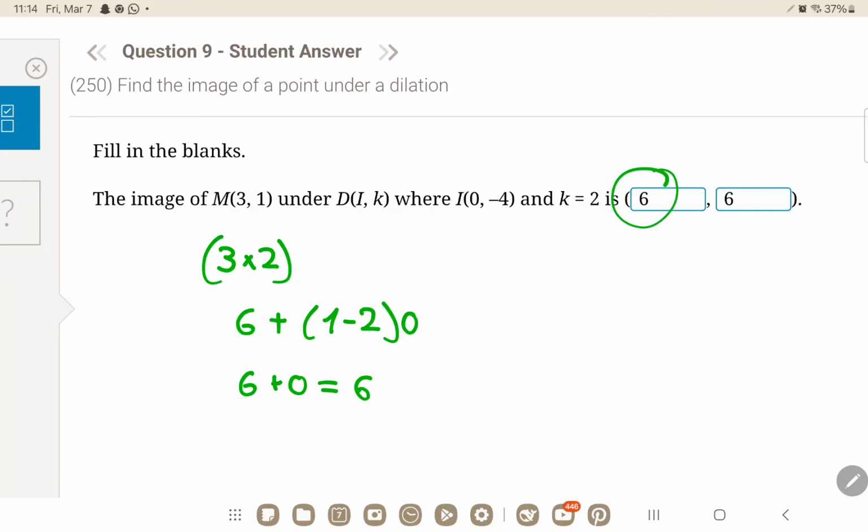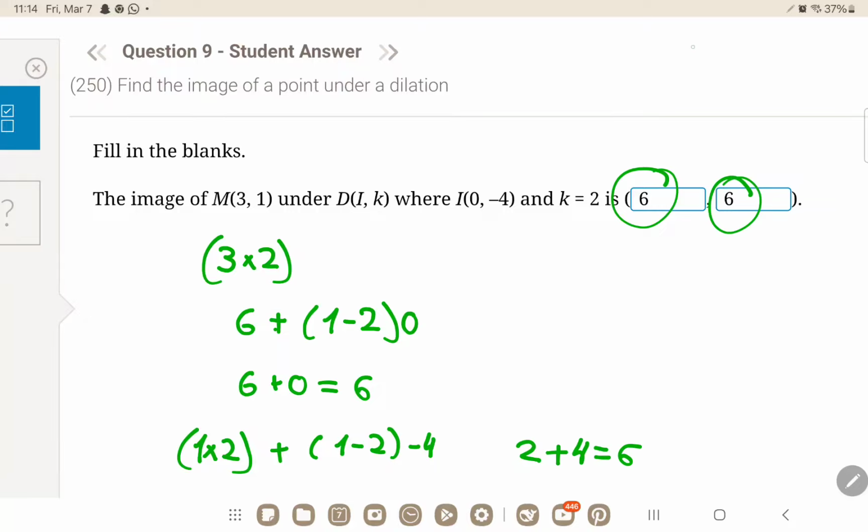So your new x is 6. Now y, so 1 times 2, which is 2, plus 1 minus 2 into negative 4. So it's 2 plus 4, which is also 6. And that's it. Moving on.